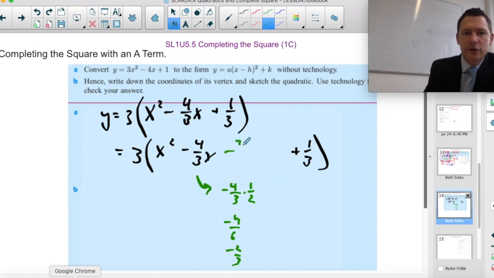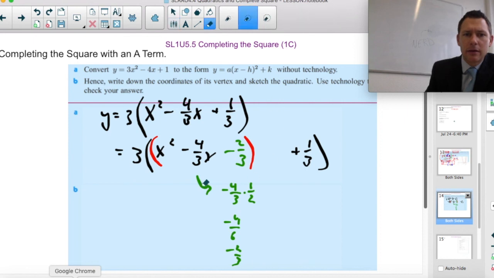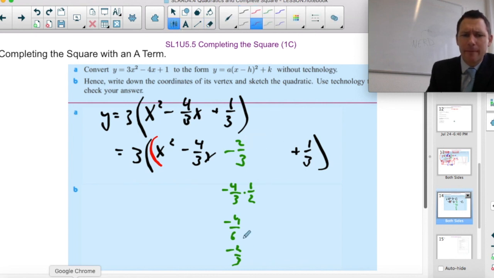So this is -2/3, and we want that to happen here, and we'll turn this into a... did we square it? I didn't square it. Gotta square it. Why didn't you tell me to square it? Squared. So this turns into +4/9.